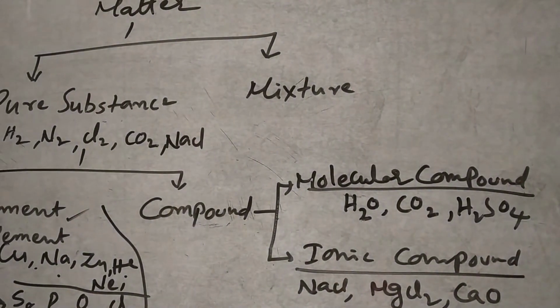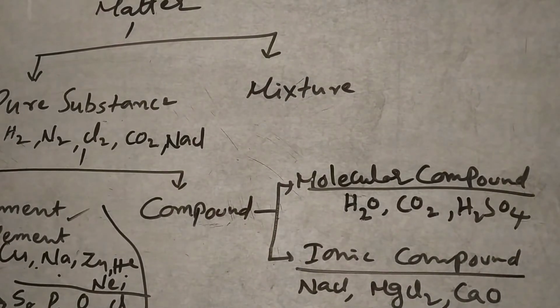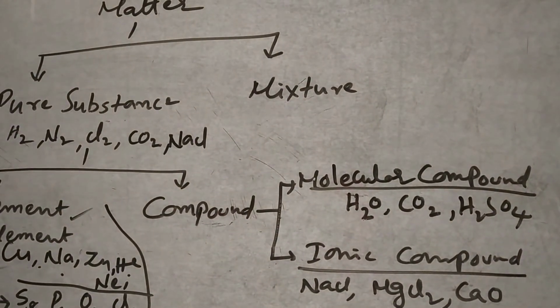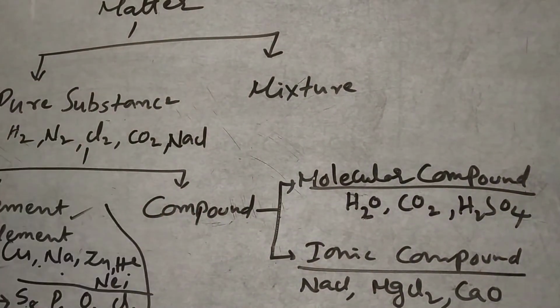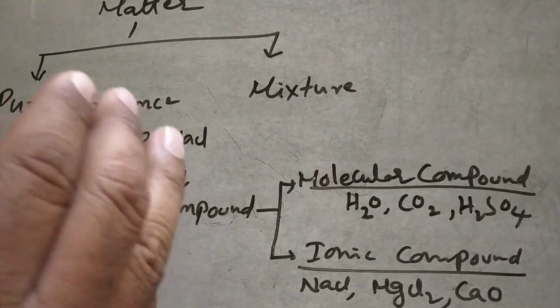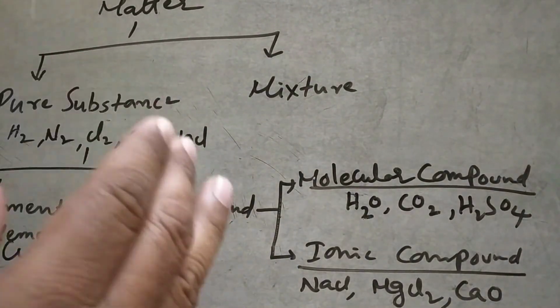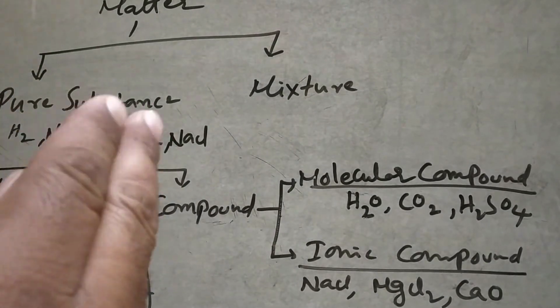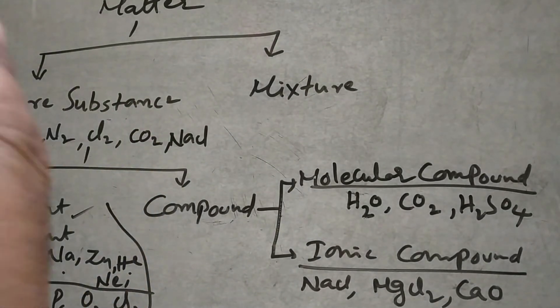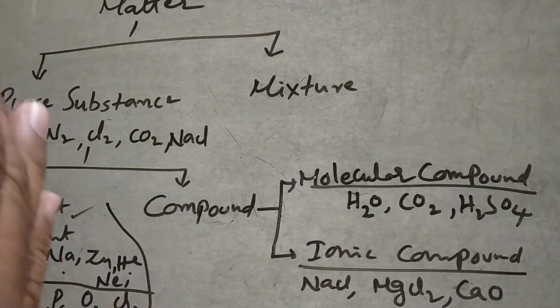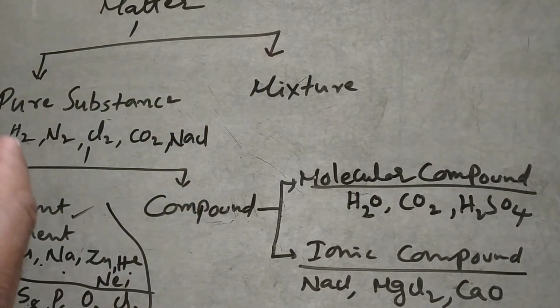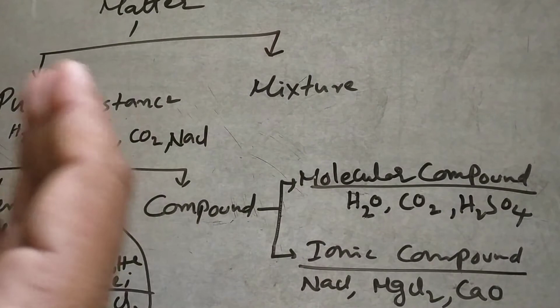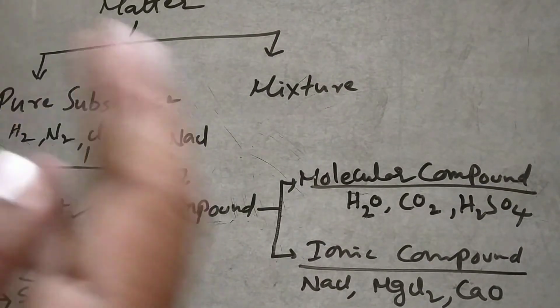Then what about mixtures? I will explain mixtures in the next video, but I will give you the definition. A mixture is an impure substance containing different kinds of particles. For example: sand, sugar, dust, air, sea water, brass, bronze, kerosene, petrol.